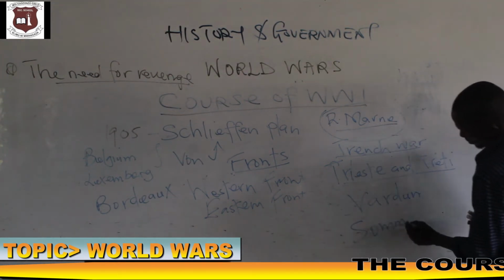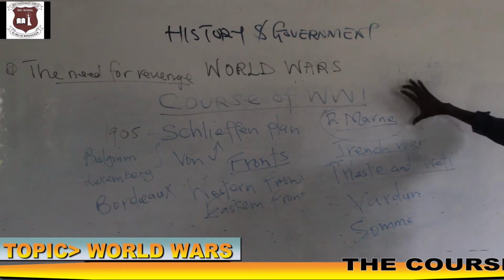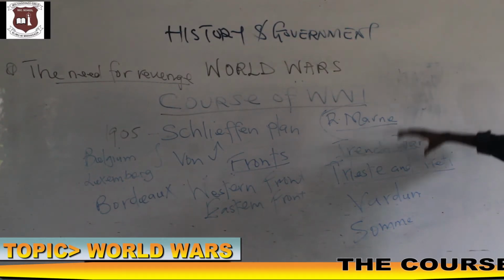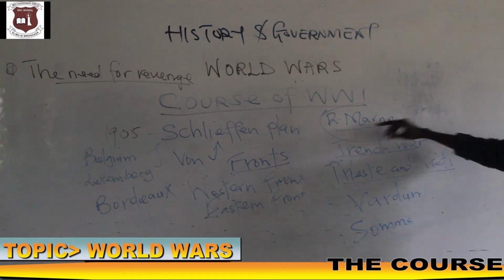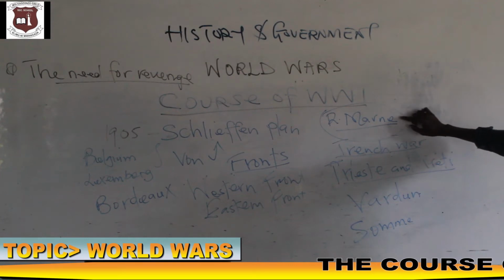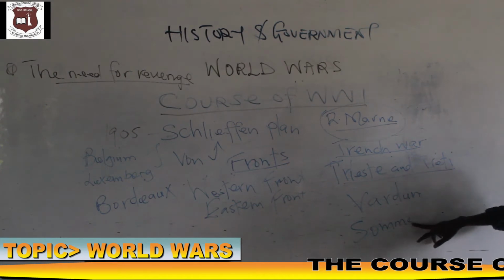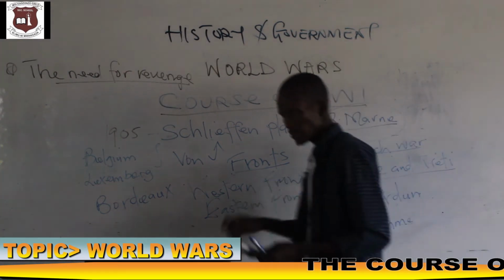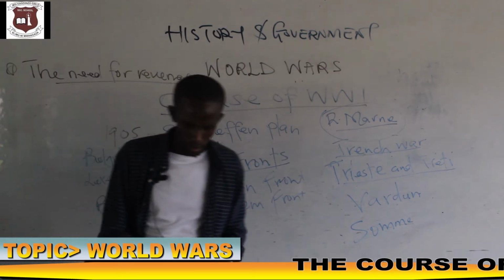Now you can see we have three areas in which the war in the Western Front was fought. The trench war, after the retreating of the Germans to River Marne. River Marne was a strategic place in which the war was fought. River Marne, then Verdun, and then Somme River. These three areas were very significant in the Western Front.